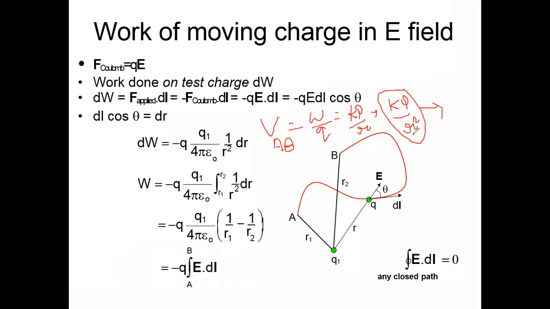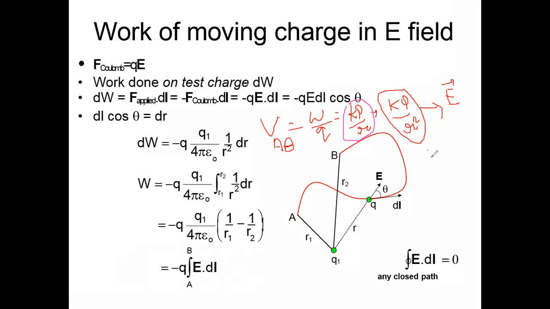You have forgotten, this is the expression of electric field. See the difference: KQ by R is electric potential. KQ by R square is electric field.